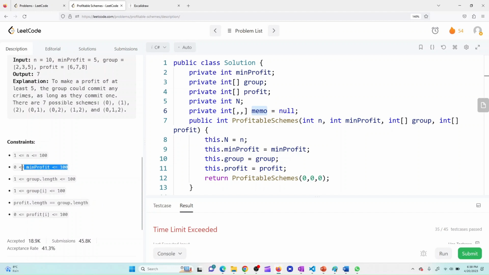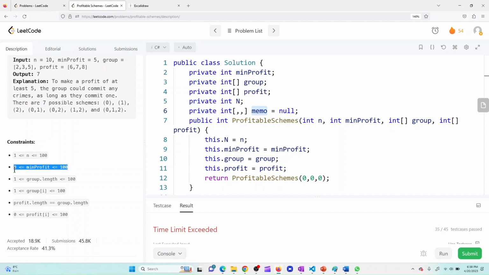The interesting part is the profit. The minimum profit is less than or equal to 100, but the profit could be anything. It can keep on increasing and increasing, so it is pretty hard to find out what my maximum profit would be.